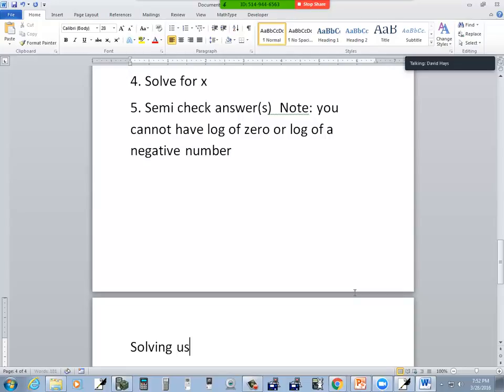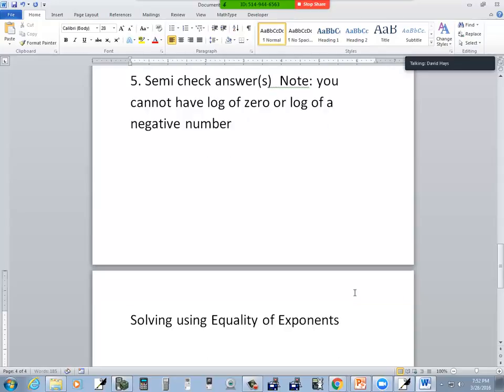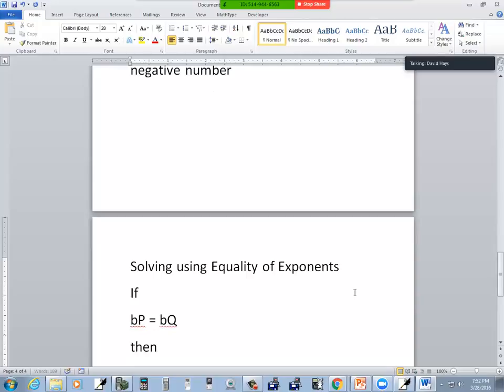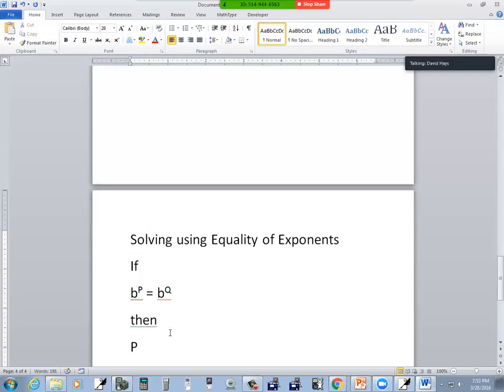So solving using equality of exponents. Different books have different names for this. It'd be nice if they had some standards in mathematics, but it says if you got b to the p power is equal to b to the q power, then you can set the exponents equal to each other.